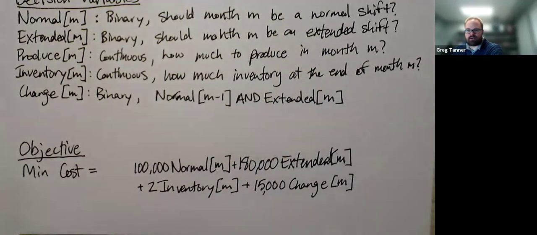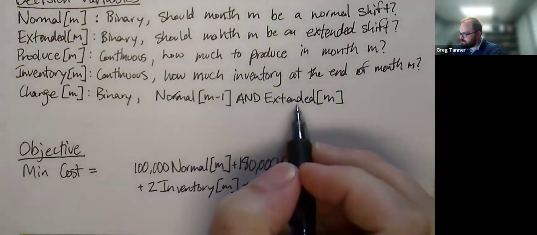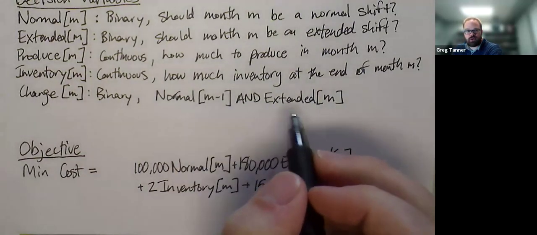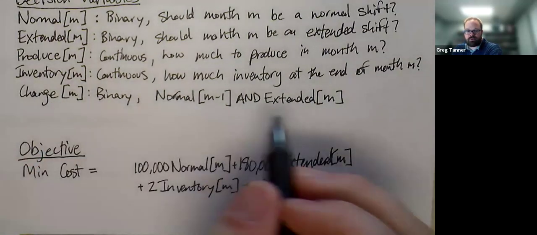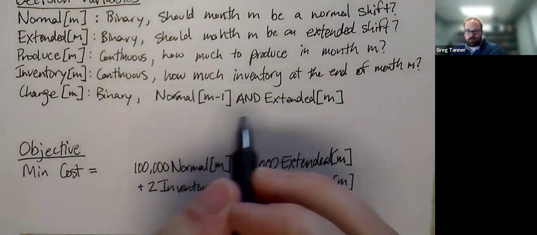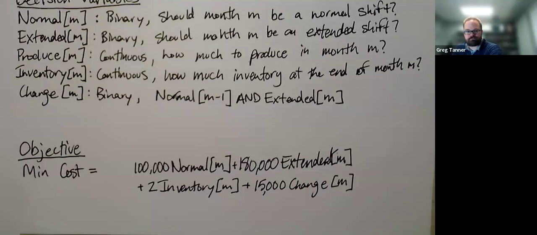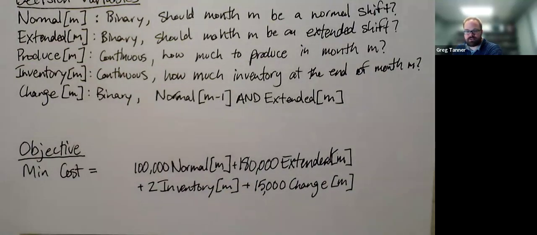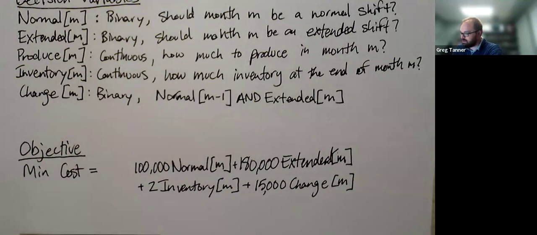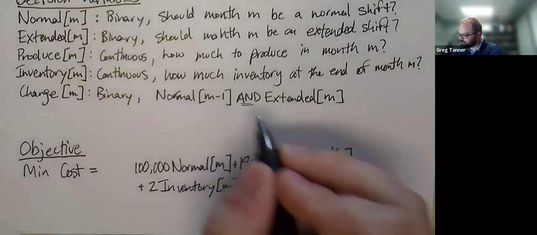Okay, and so this is going to be a combination of these two variables. If both of these are true, then the change variable is true. If either of these is false or both of them are false, then change will be false. Okay, and so we'll have to create a constraint that combines these two variables into creating that and scenario.